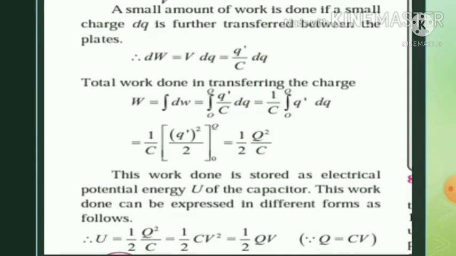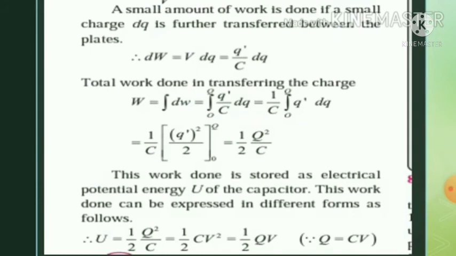Then we can substitute the lower as well as the upper limit. Firstly, the upper limit is substituted in the variable term, that is q', and then subtract the substitution of the lower limit in the variable term q'.